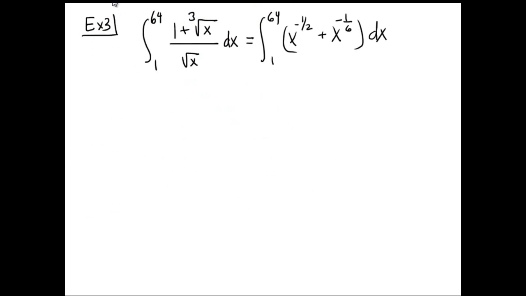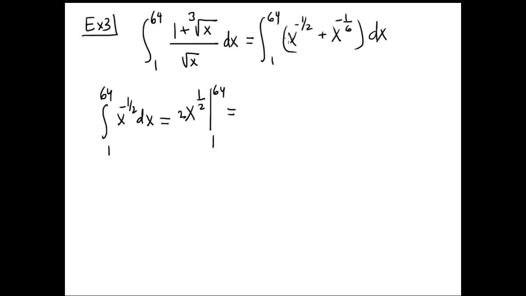Let's do the antiderivatives one by one. Suppose I need to compute the integral from 1 to 64 of x to the -1/2 dx. The antiderivative uses the power rule. You add 1: -1/2 plus 1 is +1/2, divided by one half, which is the same as multiplication by 2. Evaluate between 1 and 64.